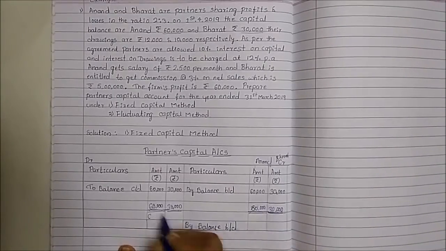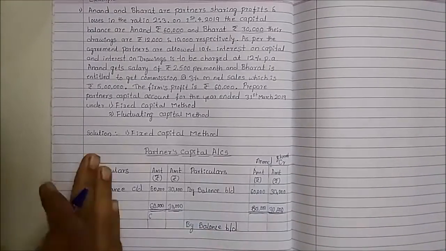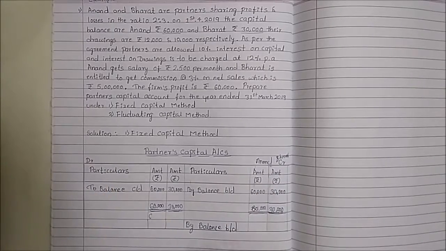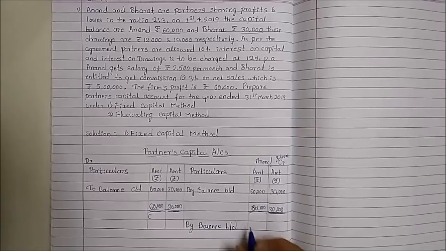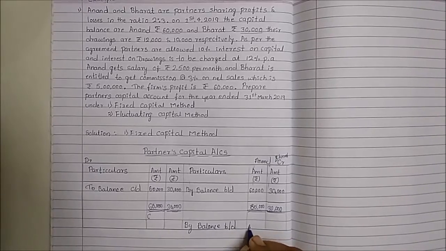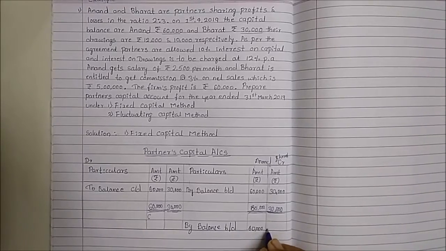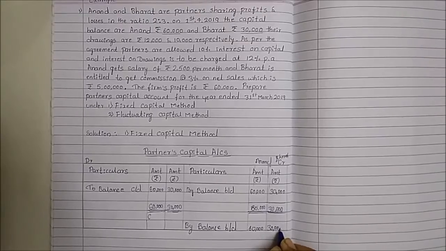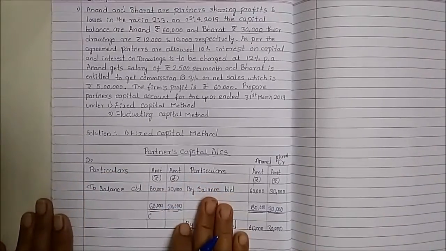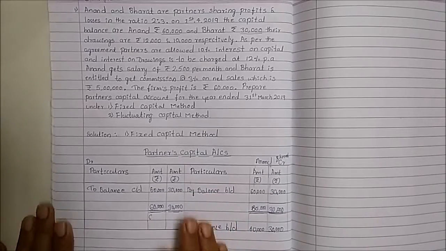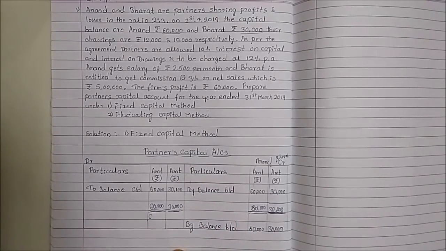So I'll put the equal amount on both sides, the debit side and the credit side, and we'll carry it down as balance brought down, 60,000 and 30,000. So this is the partners' capital account calculation. Next I will calculate the partners' current account.